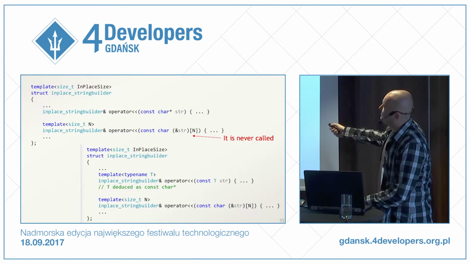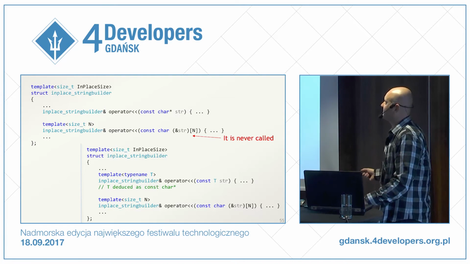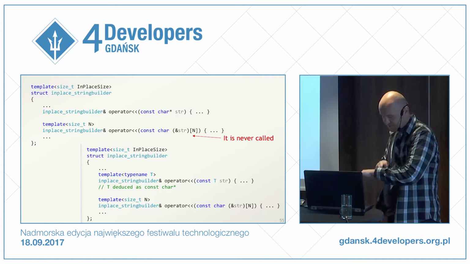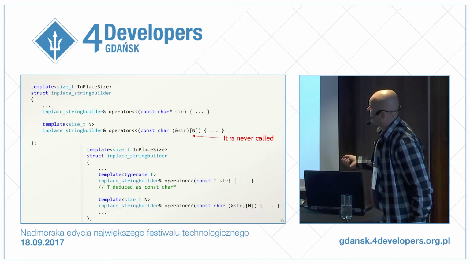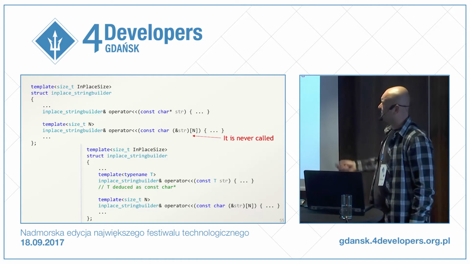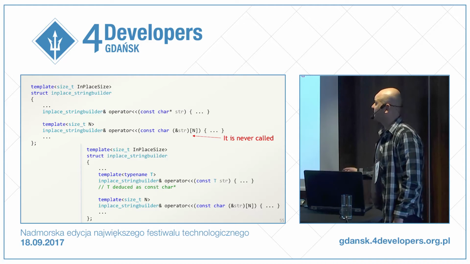Okay, so let's write in-place StringBuilder, which has 2 operators left. One for const-char pointer, and the second one for ref arrays. The problem is if we use this form, the second one will never be called.